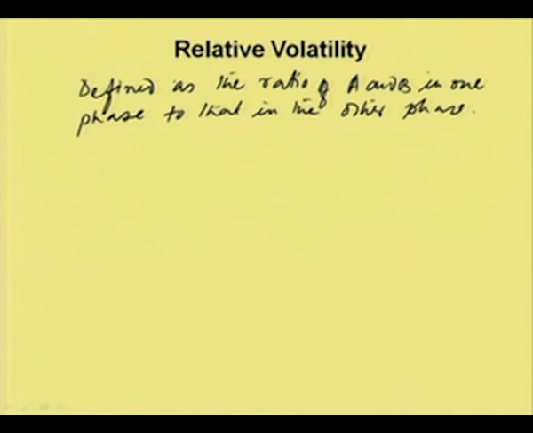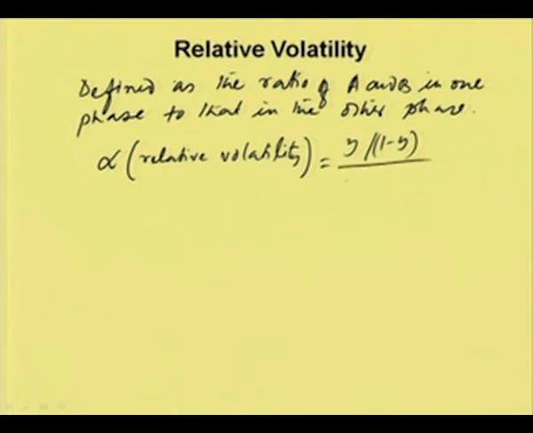So, we can write alpha, the relative volatility, as y by 1 minus y divided by x by 1 minus x, which is y into 1 minus x divided by x into 1 minus y.